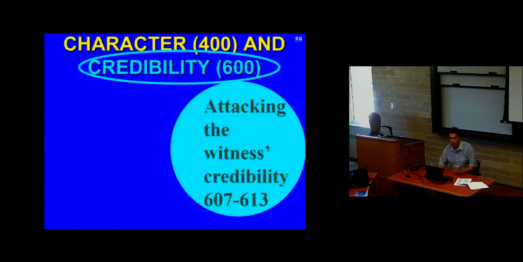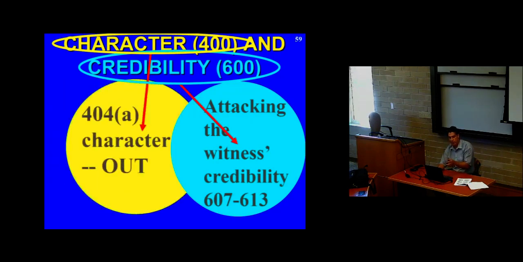Now, there's an overlap with credibility, which is what we just talked about, and character. What happens when we're getting at this issue? Now, character we know is generally inadmissible under Rule 404 because it's out.